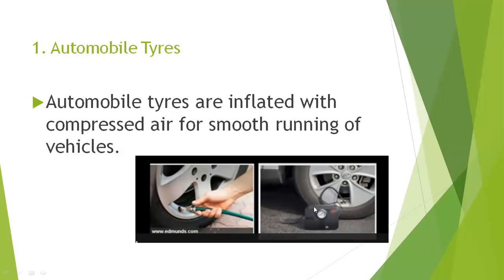We can see this box. In tires, we fill a compressed or pressurized air. We can see this device in which the air is compressed. Getting my point? And with the help of a knob or a button, air is transferred into the tires.